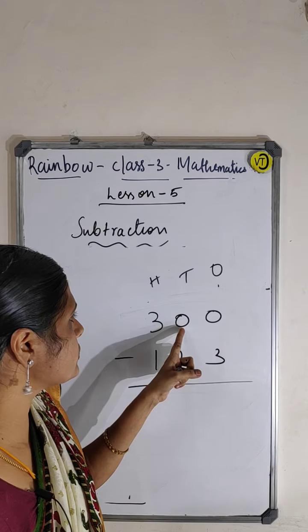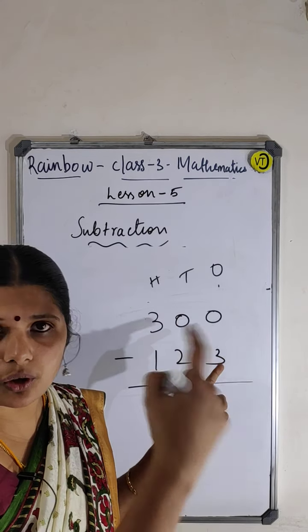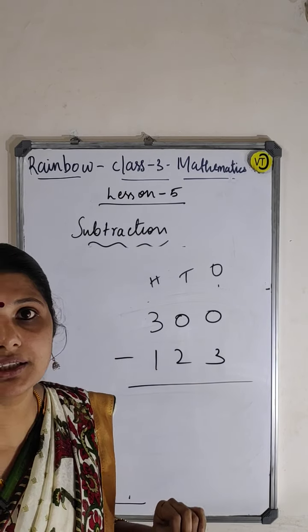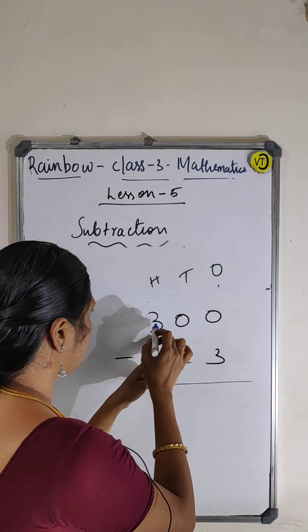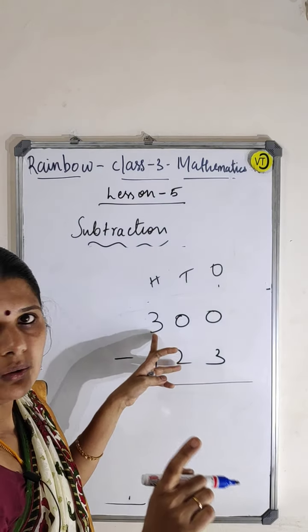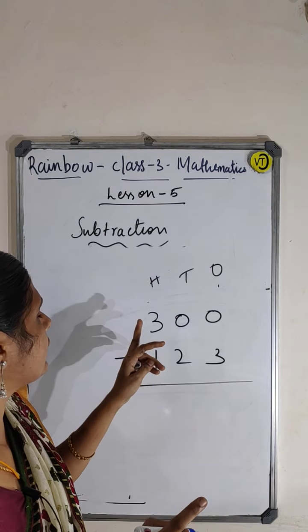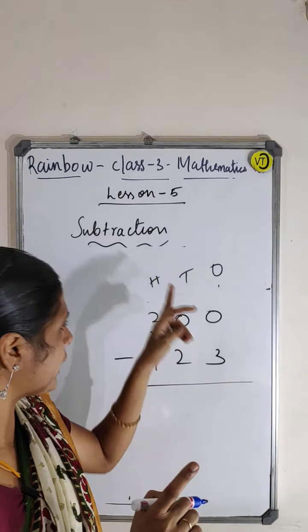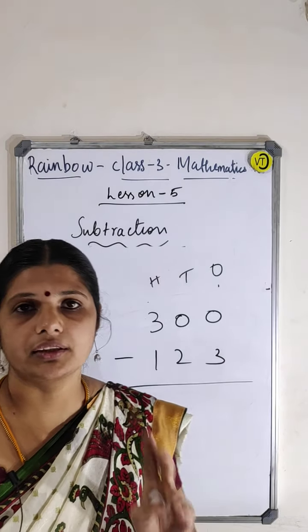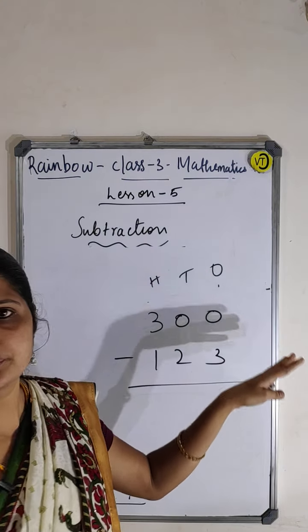So this tens also wants to borrow from hundreds. 100 is ready to give because there is a 3 there. First of all, the hundreds cannot give directly to ones. The rule is that hundreds can give only to tens, and tens can give a borrow only to ones. That you have to understand. Directly it won't give.